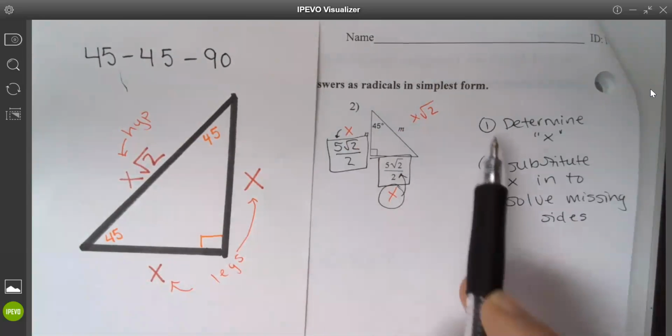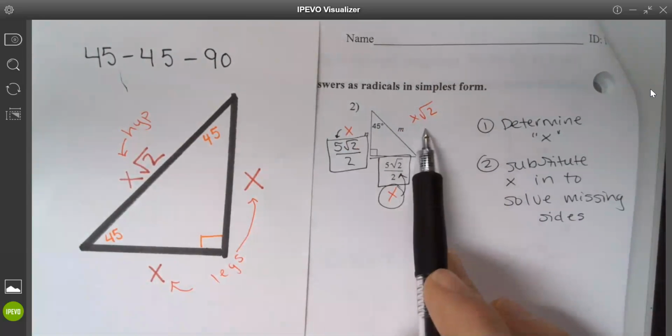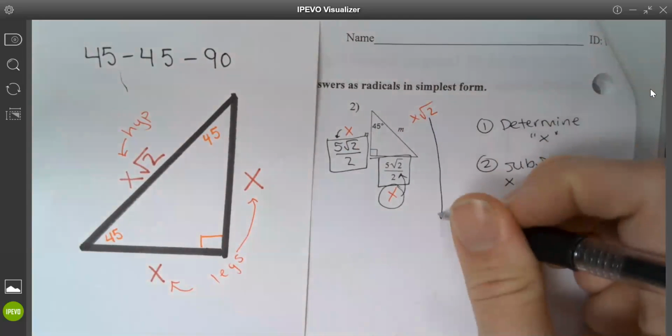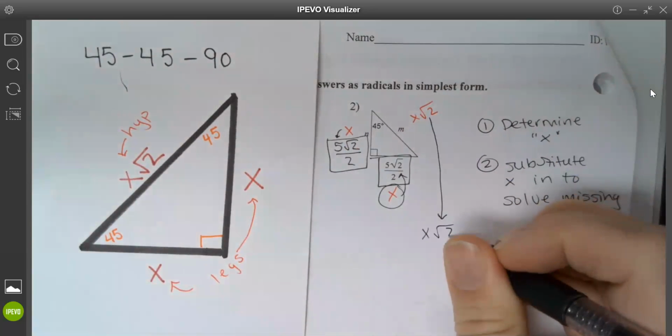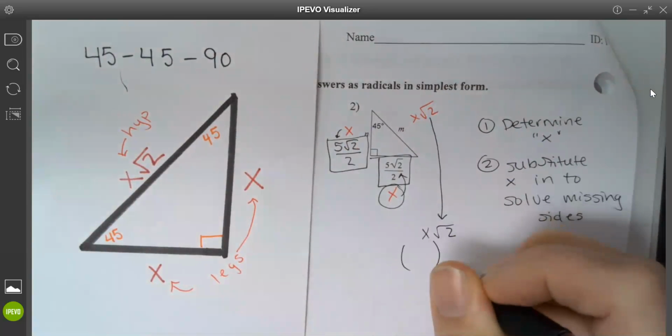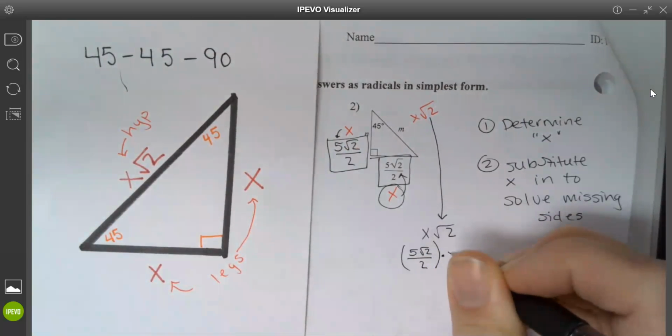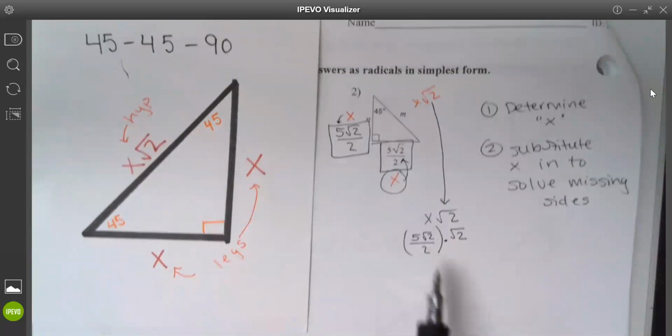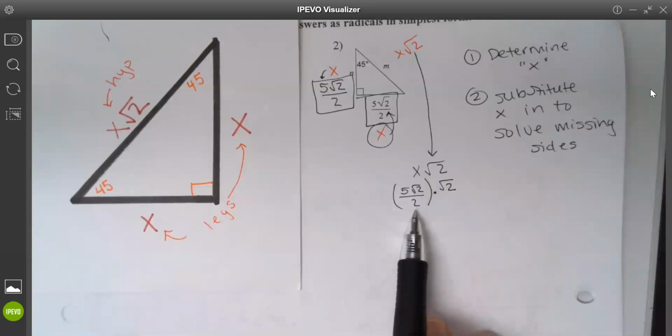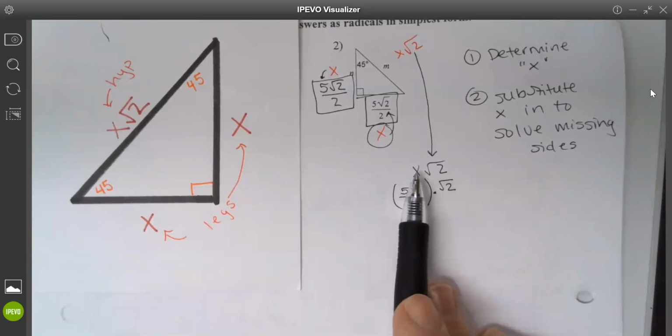Where it gets tricky is when we get to a side like this. This side is X rad 2, and I know that X is 5 rad 2 over 2. All I did from here to here was take that this side is X rad 2, and X is this, so I substituted in.